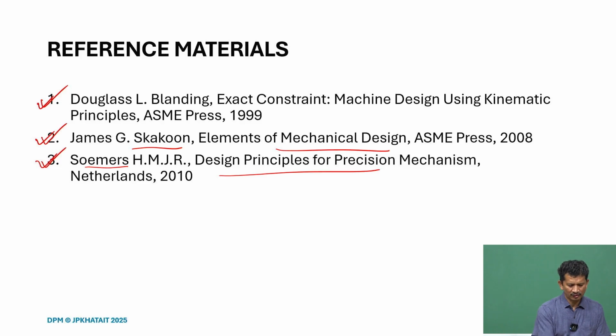These are the three references for the time being, and they are very good books, not very thick, very easy to read, and one can easily refer to them to design things. We will cover most of the content from these books during the course.